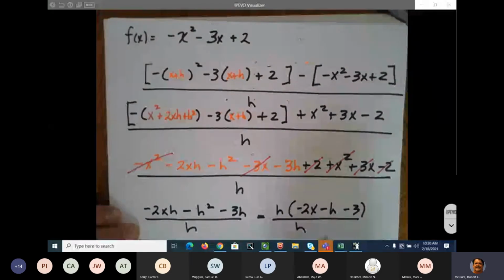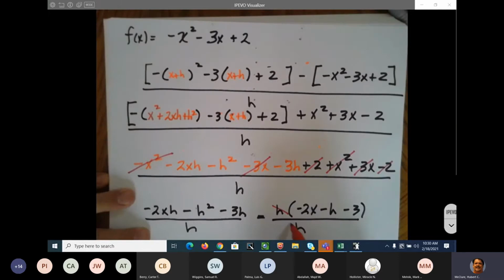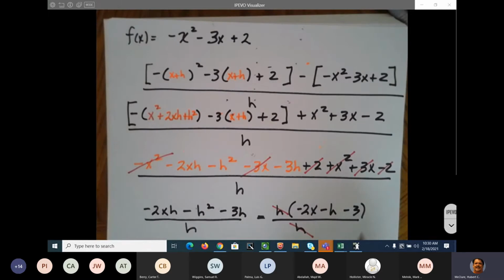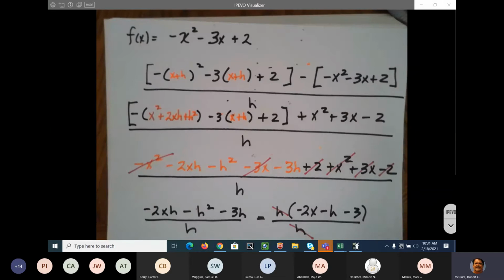And the h's cancel. That leaves me with negative 2x minus h minus 3. That's where we're going to do the limit theory. So let's do the limit theory. I'm going to go to the next page. I'm leaving that up just in case somebody's a few seconds behind.